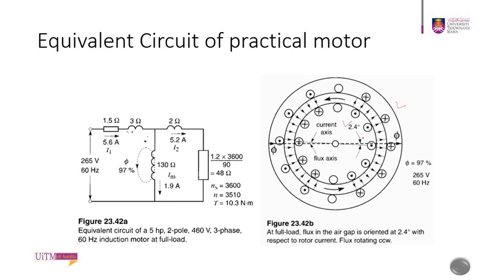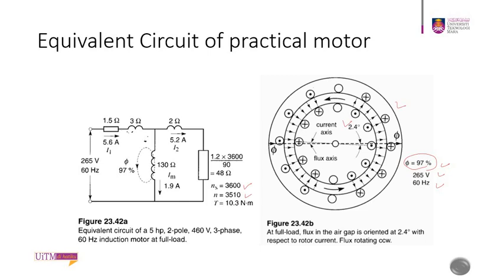The rotor speed and the synchronous speed are quite near, so you have very low slip. The magnetic flux is at 97%. This is created with voltage of 265 volt and 60 hertz. This is just an example of this 5 horsepower motor.